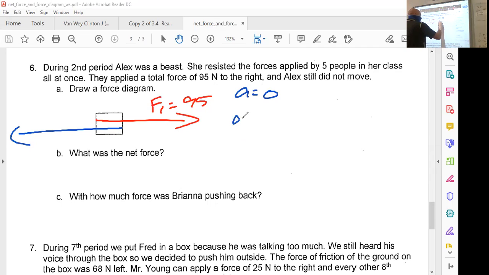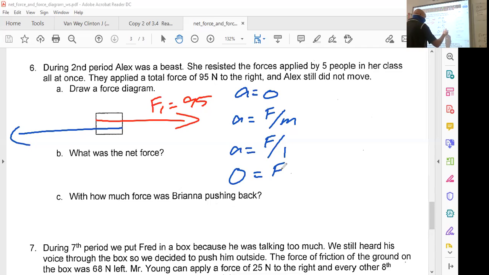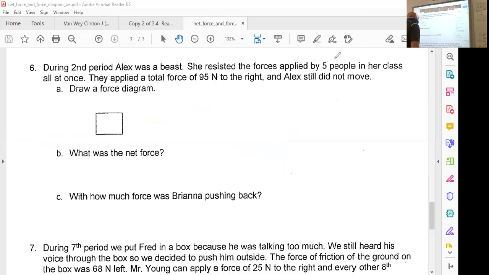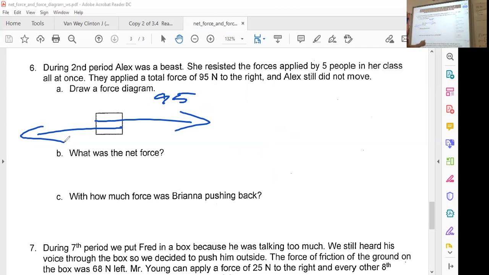a equals 0, a equals F over m, and a equals F over, let's say, a mass of 1, right? 0 equals force over a mass of 1. How much force? I'm just confusing you. They pull 95. She has to pull enough that she won't move.